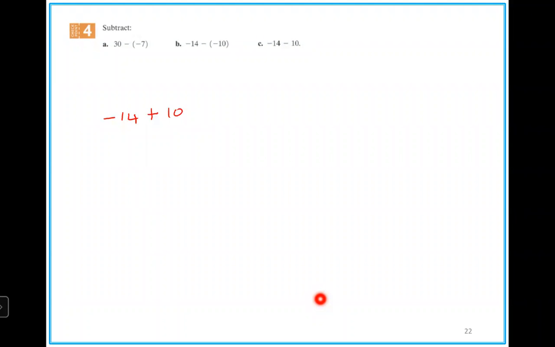The two of them have different signs, so you're going to subtract and give the answer the sign of the one with the greater absolute value. So the answer is -4. Okay. I just wanted some explanation for the answer. I know you could use a calculator, but it's also good to be aware of how it's worked out.